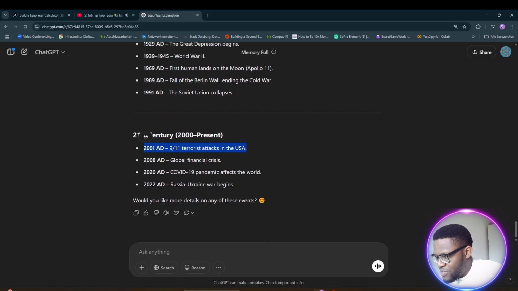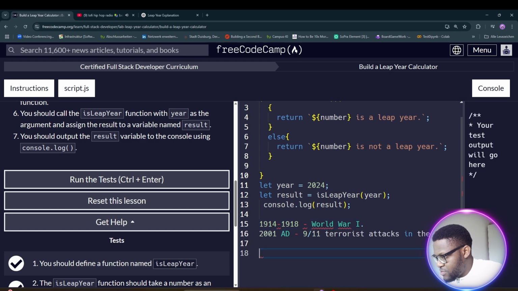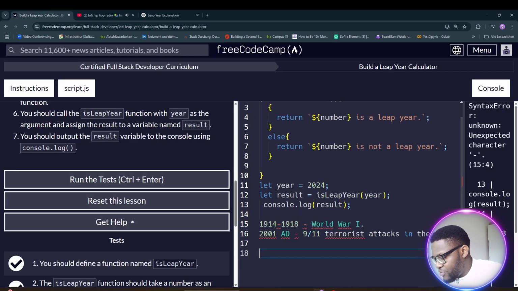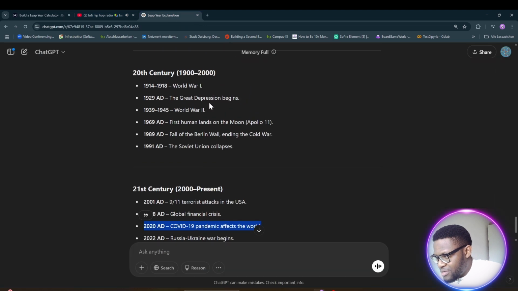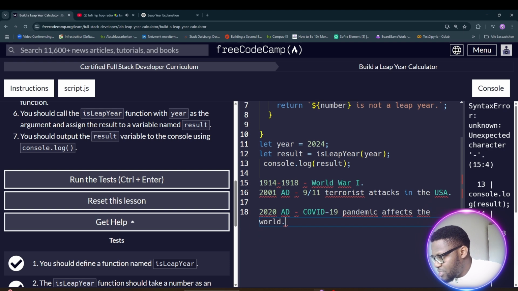I was talking about this one, the 9/11 terrorist attack. The global financial crisis and the famous coronavirus, Great Depression. So let me just try and test if these years are leap years.